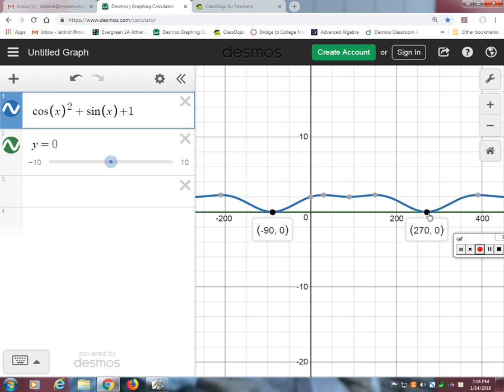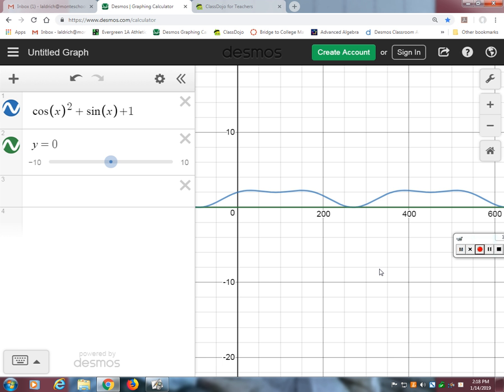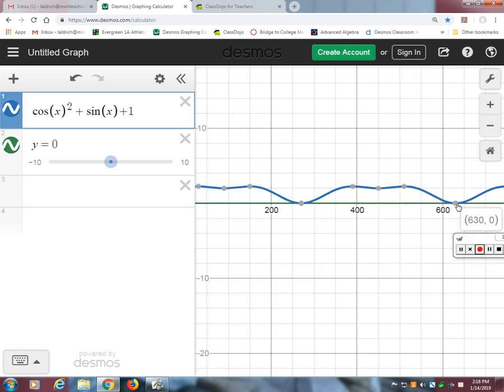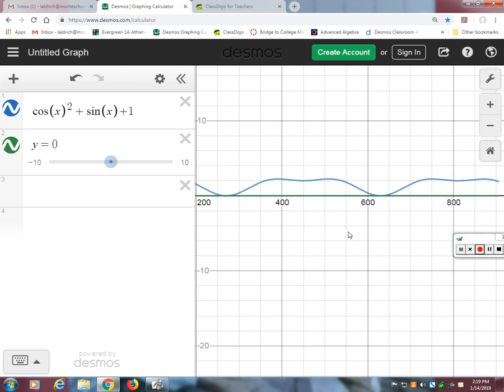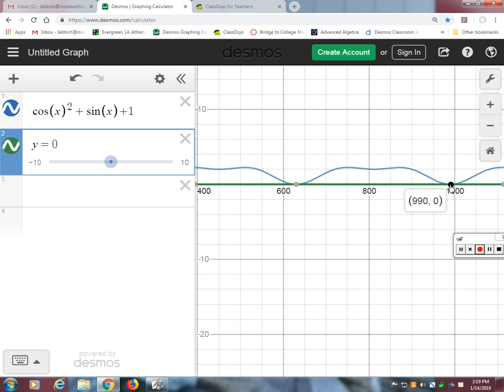If they'd said look for answers between negative 90 and 720, then we would have had to add 360 again. So we also would have had 630 as an answer. And then we would have added 360 again and got 990 as an answer. And then we would have said, oh, that's bigger than 720, so we don't need that one.